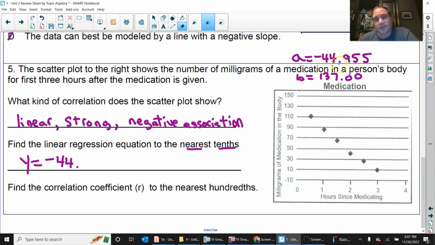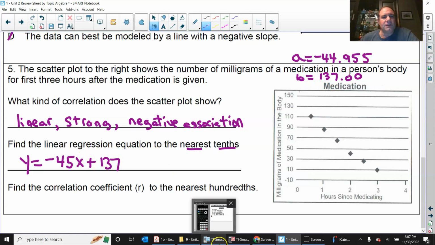That turns that to a 0, and that will turn that to a 45. So I'm going to round it to negative 45x, and then plus, nearest tenths, 137. Find the correlation coefficient. So it does ask.